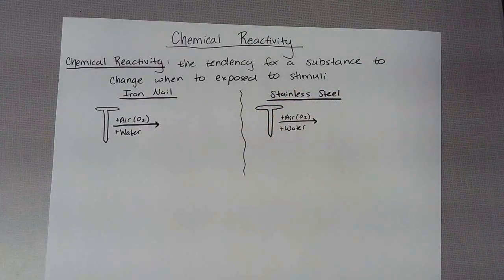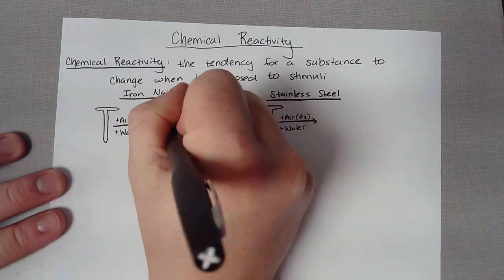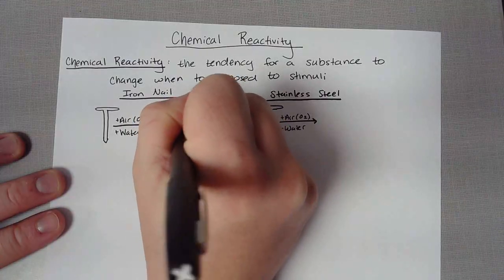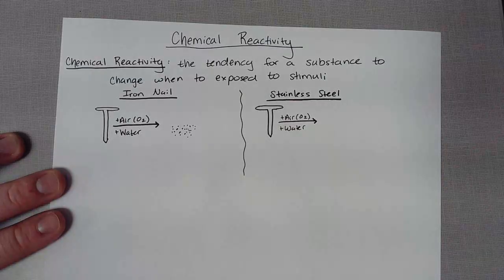Given the same stimuli, we are not going to see the same outcome. If we left a raw iron nail outside in the rain, in the wind, in the air, most of you know what's going to happen to it. It is going to disintegrate into a rust pile.